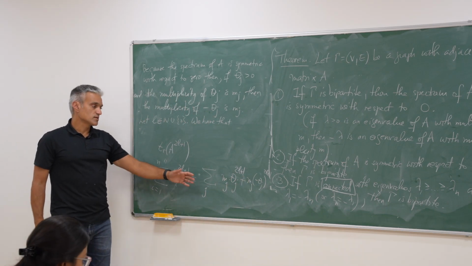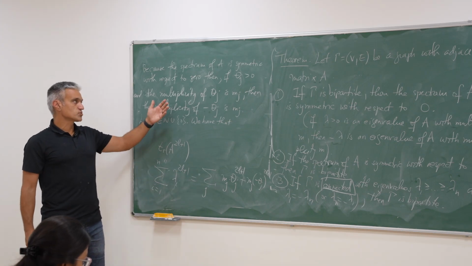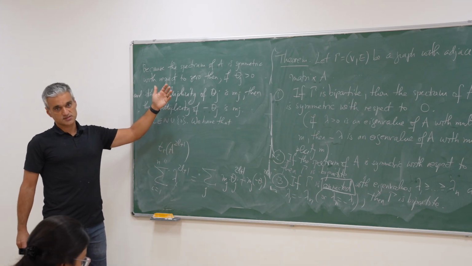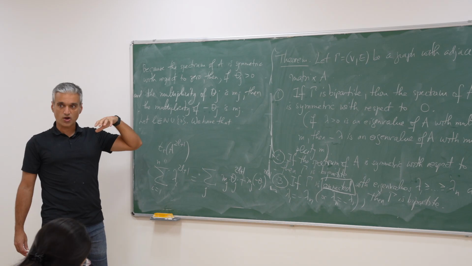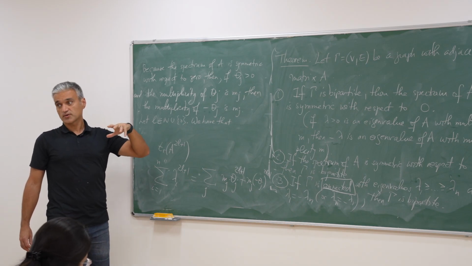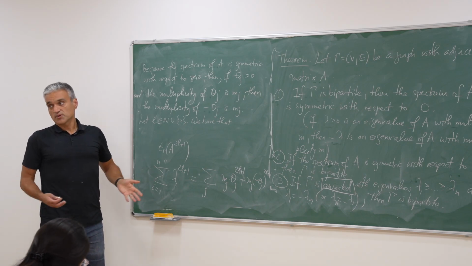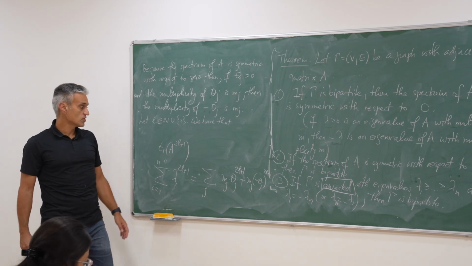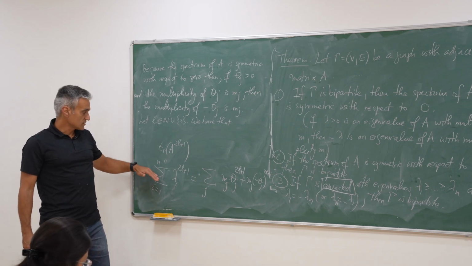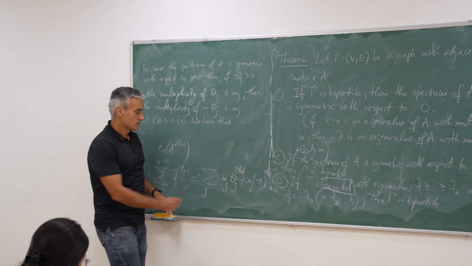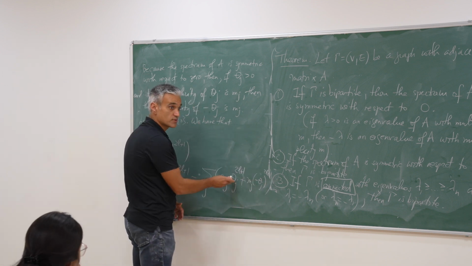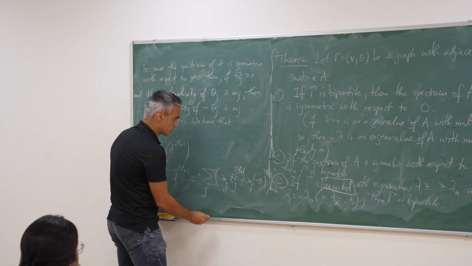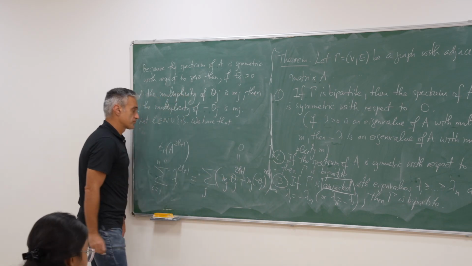This is just a way to show you that when the spectrum is symmetric with respect to 0, if you add up the odd powers of the eigenvalues, you get 0. The odd powers cancel out, and so the trace is 0.